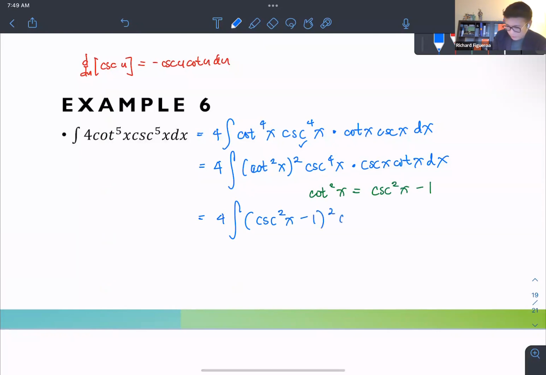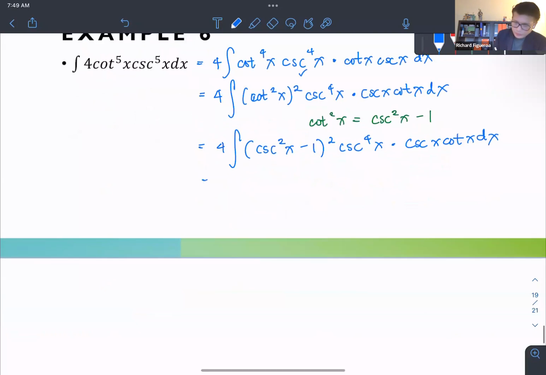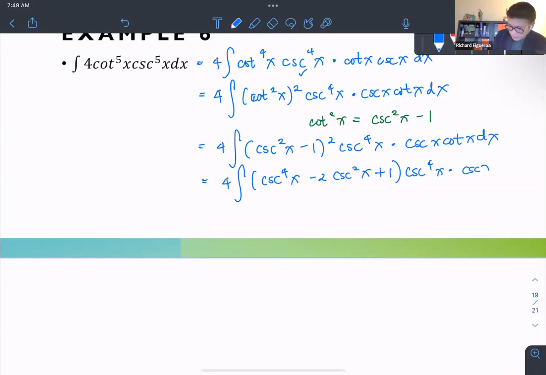Then square it, cosecant to the 4th x, and multiply it with cosecant x, cotangent x dx. And then we expand. So the expansion is cosecant to the 4th x minus 2 cosecant squared x plus 1. Then we multiply it with cosecant to the 4th x, multiply it with cosecant x, cotangent x dx.